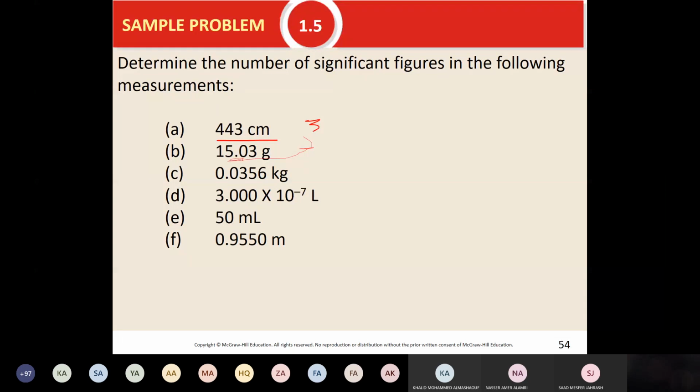How many significant figures here? 4. How many here? 3. And here? 4. So 4, 3, and 4.